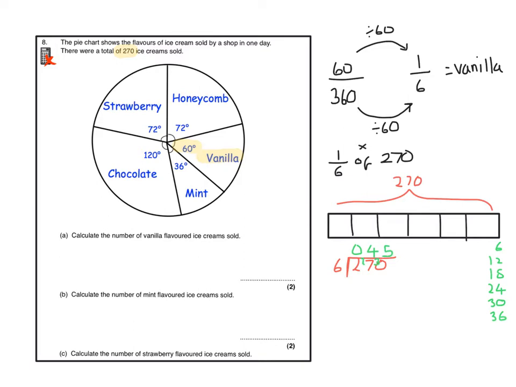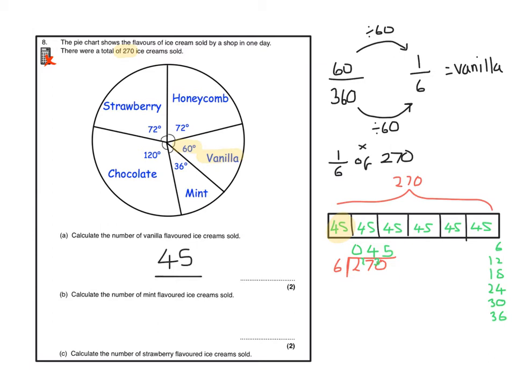So my answer in each of these boxes is going to be 45. And I just want one of those sixths. So 45 is how many ice creams were vanilla.